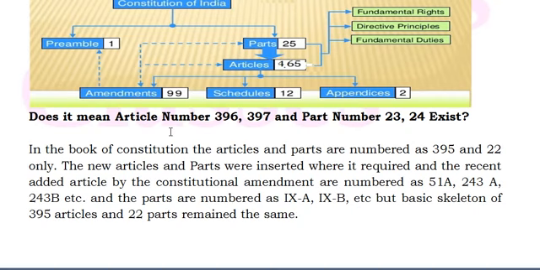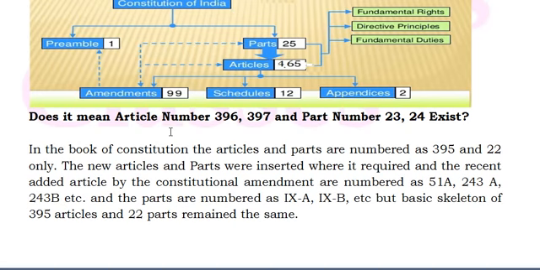See, at some point when the Constitution was amended, fundamental duties were added to it. They were added in Article 51, but when they were added, they didn't change the number of Article 51 to 50, and they didn't give the fundamental duties an extra number like 52.